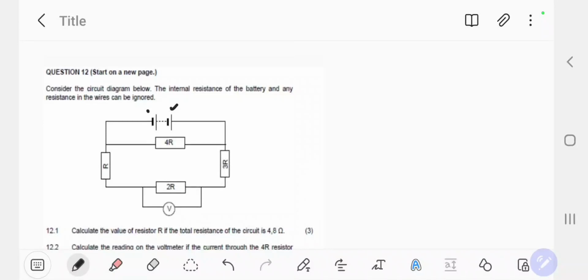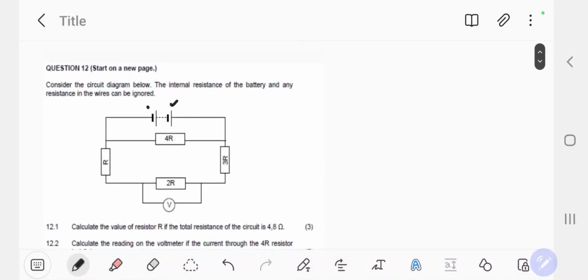And then number two, potential difference is only the same in the parallel circuit, and in a series circuit the potential difference is divided or shared. And resistance: when your circuit is connected in series, you're increasing your resistance because you add to get the total resistance of the circuit.